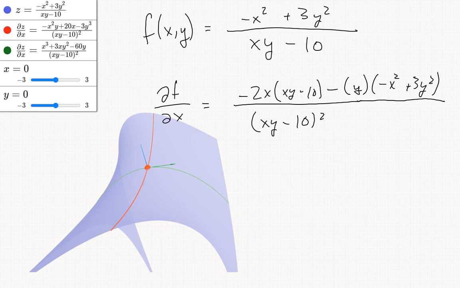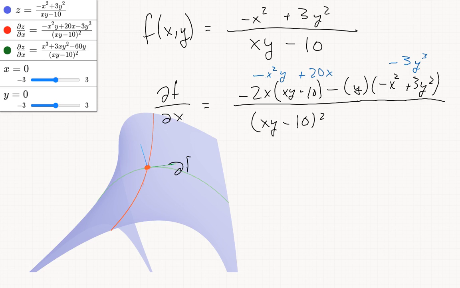And multiplying this out, we get negative 2x squared y plus 20x plus x squared y minus 3y cubed. And so this becomes just negative x squared y plus 20x minus 3y cubed.